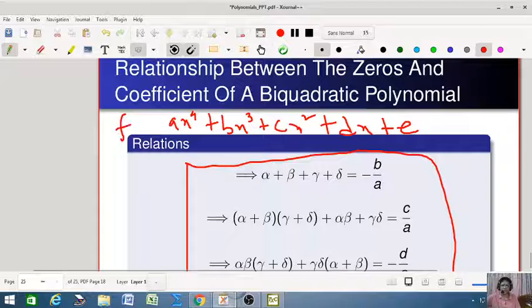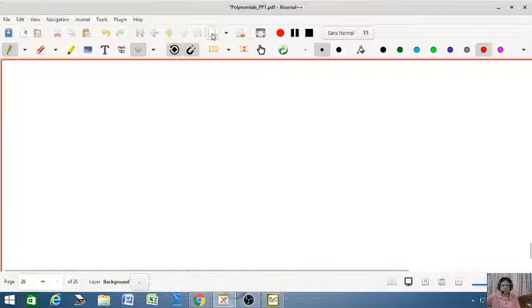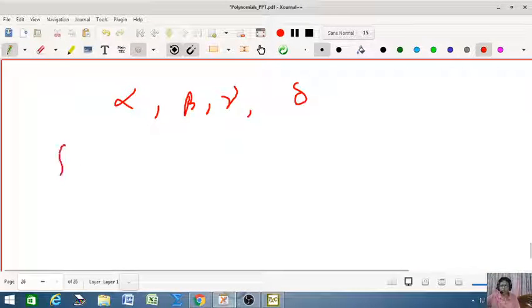This is your f(x). So you have 4 zeros, and the zeros are alpha, beta, gamma, delta. So what will be your f(x) then?